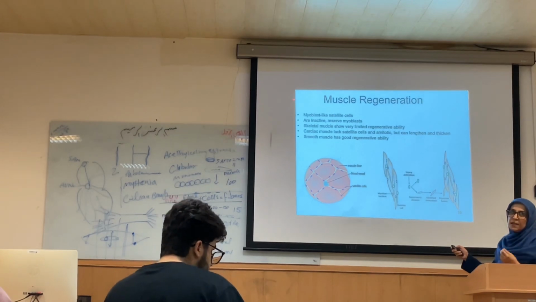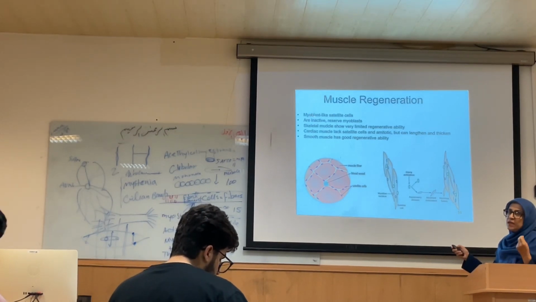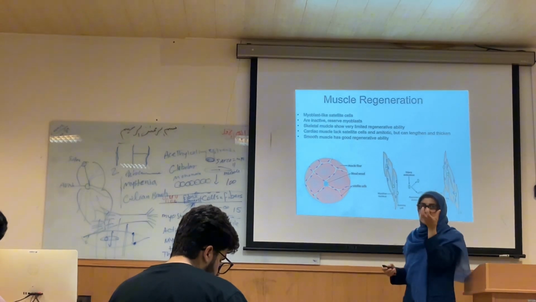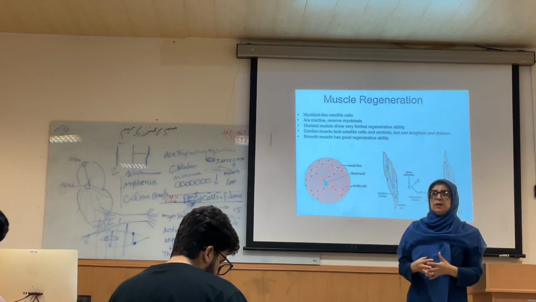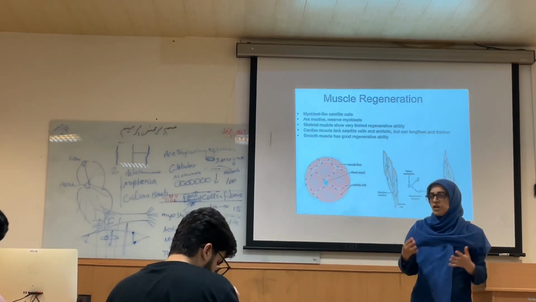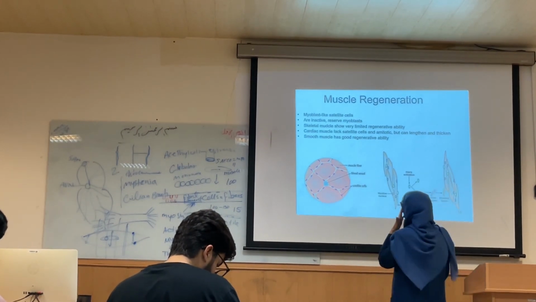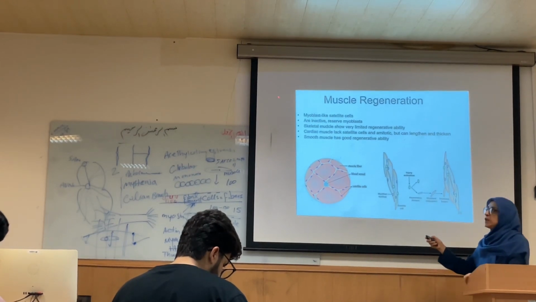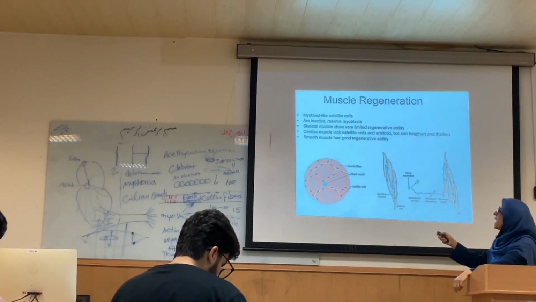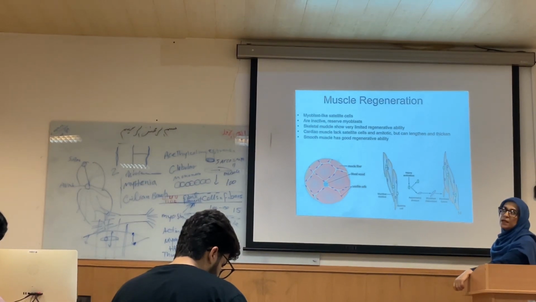Because of this, skeletal muscle is limited in its regeneration. When the injured site is very small, regeneration occurs, but if it is very big and severe, regeneration does not occur in the skeletal muscle.